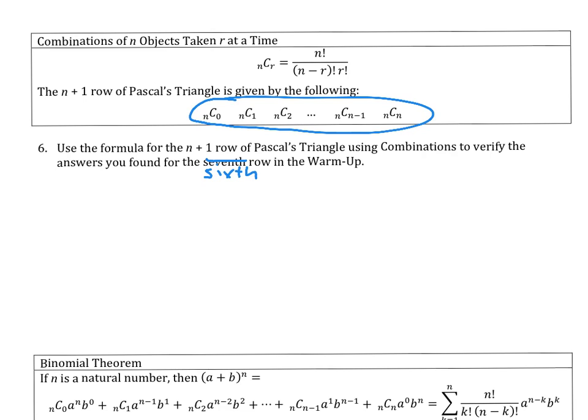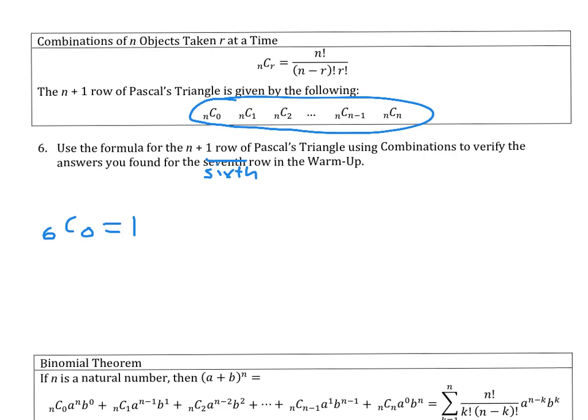So this is how you get Pascal's triangle without doing every single row. If you want to jump straight to row 10, you can use this strategy. So we're going to find row 6 again without doing Pascal's triangle. For row 6, the exponent is 6, so we're going to do 6C0.